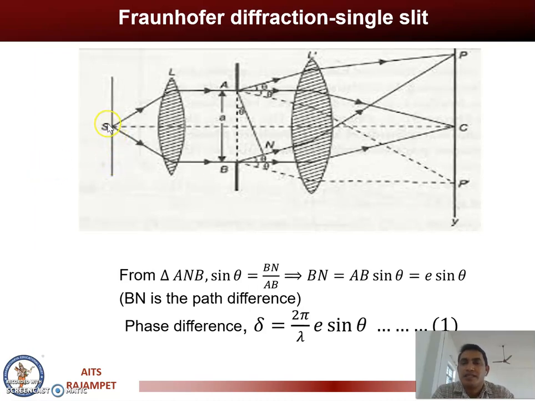S is placed on one side of the aperture at the focal length of the convex lens L, and the screen is placed on the opposite side at the focal length of the convex lens L dash.